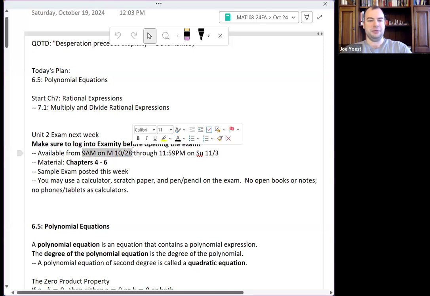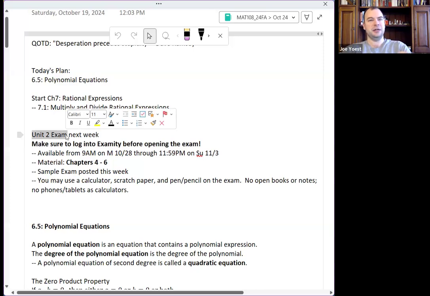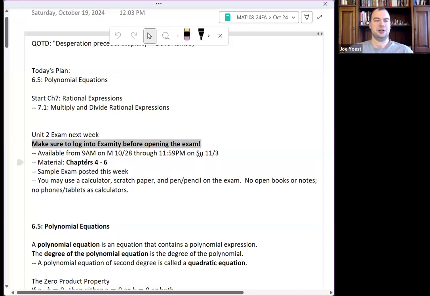this coming Monday at 9 a.m., you'll see the Unit 2 exam visible on WebAssign, but please try not to click on it or start it until you intend to start it. And when you do intend to start it, please make sure to go through the whole Examity process first and get the session up and running before clicking on the exam.